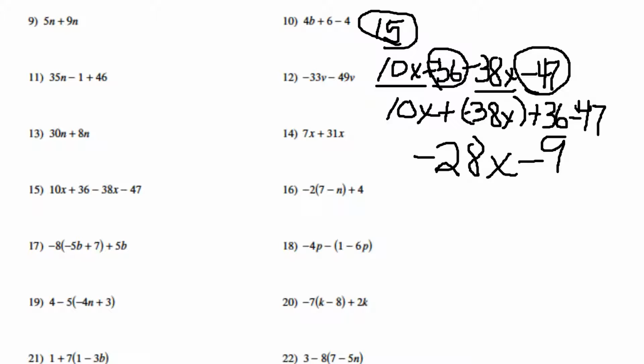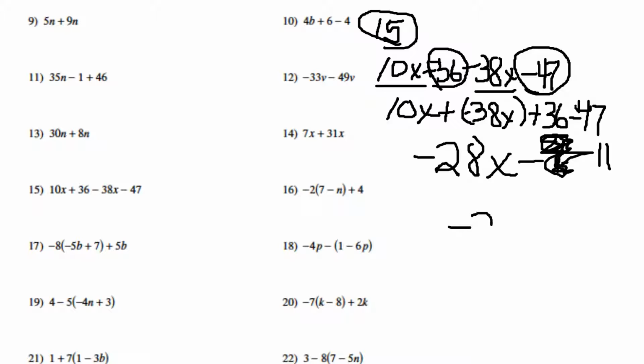Let's see. Oh, you know what? My calculations are off. That should be an 11, not a 9. I hope you guys caught that mistake. So that is actually a negative 11. I know you guys caught it.